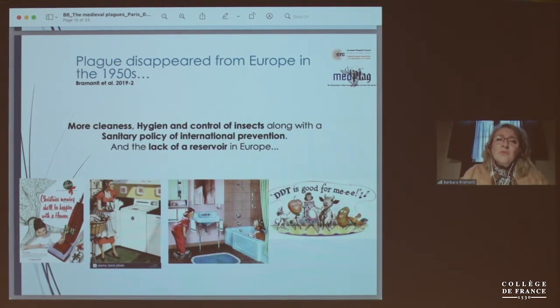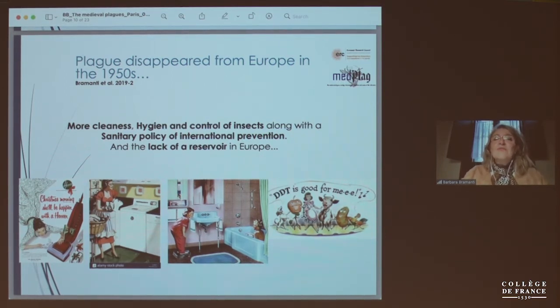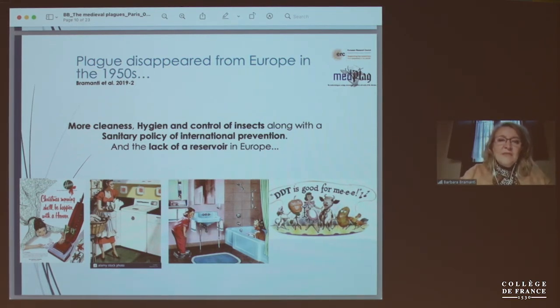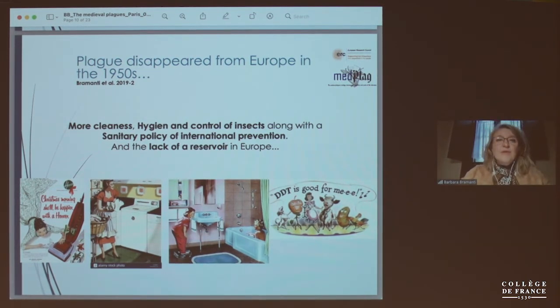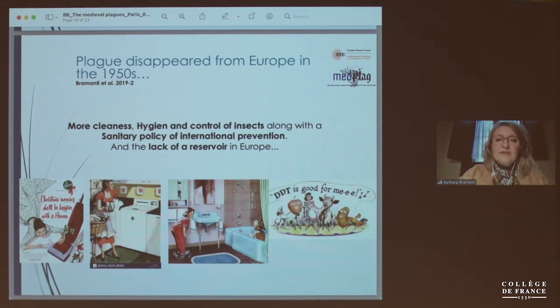It was also because of a very ideal sanitary policies of international prevention, due to many conferences held in Europe, in China, and everywhere, international conference, when they decided the methods to avoid the entrance of plague in the different places. So this was very efficient, and this was also one of the reasons, perhaps, because plague disappeared from Europe.